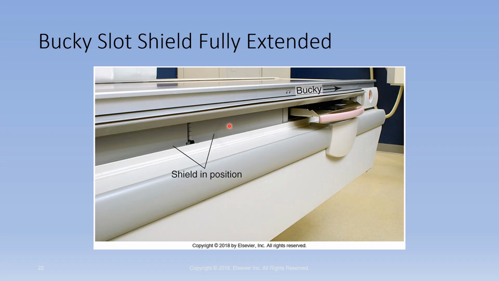That is about probably a 3 to 4 inch gap. And if you're standing by the table, the problem is that that is usually near the gonads. So we want lead in there to potentially block any radiation from coming out of there and striking the gonads.